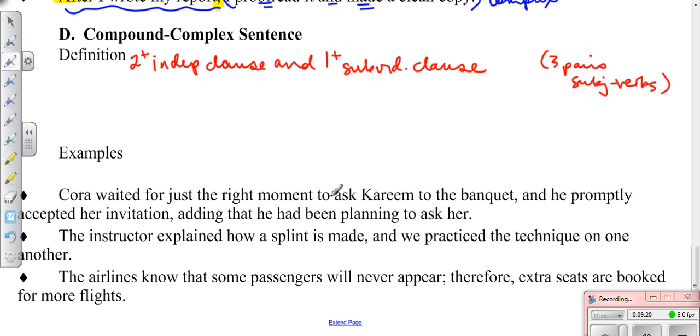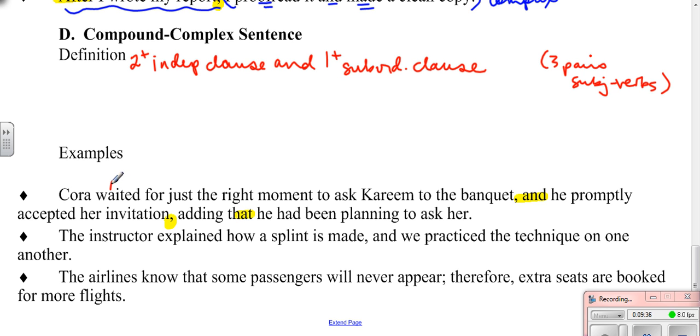So Cora waited for just the right moment to ask Kareem to the banquet, comma, and, there's a hint. He promptly accepted her invitation, comma, adding that he had been planning to ask her. So let's go ahead and try to find all of our subjects and verbs. So waited, action verb. Who waited? Cora waited for just the right moment to ask.